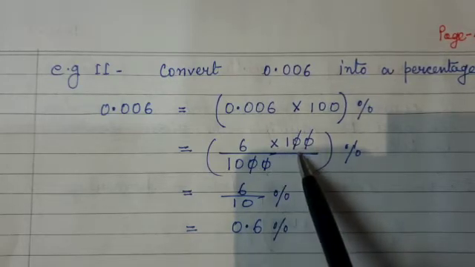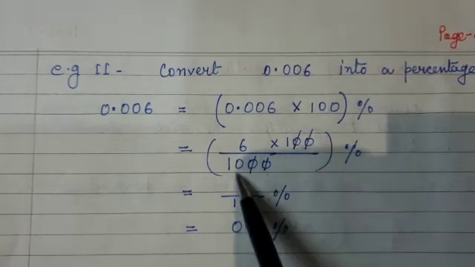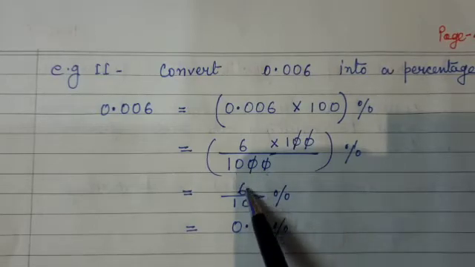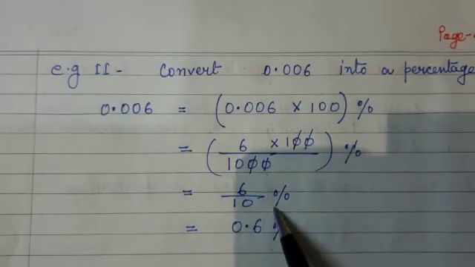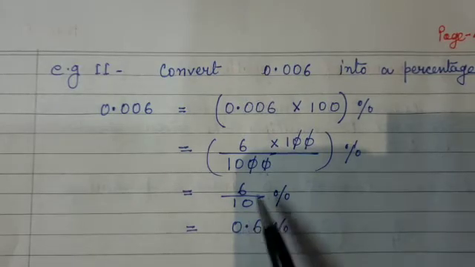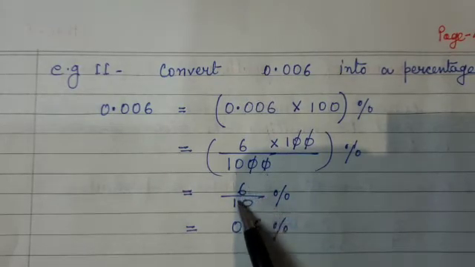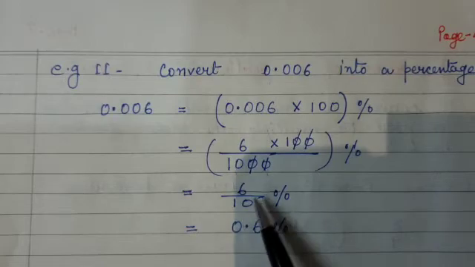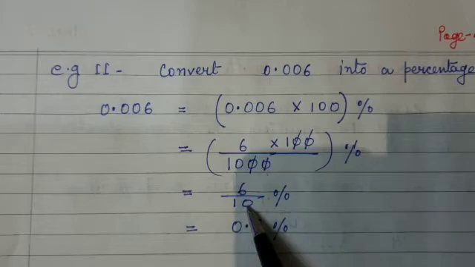And we know that 100 into 10 is equal to 1000. Therefore, it is 6 upon 10%. As we have to give the answer in decimal form, we need not convert it into the simplest form. Here, we can convert directly in the form of a decimal. So 0.6%.